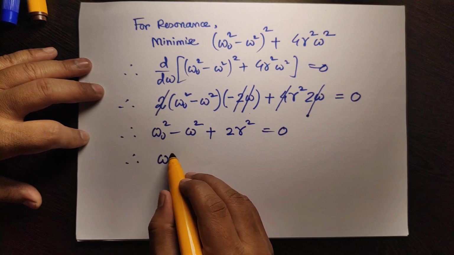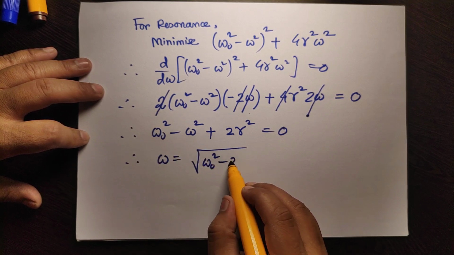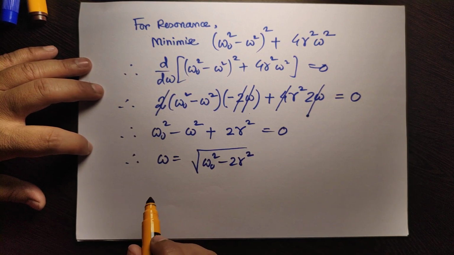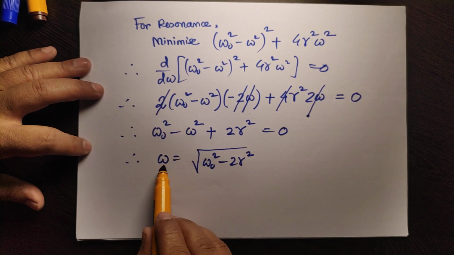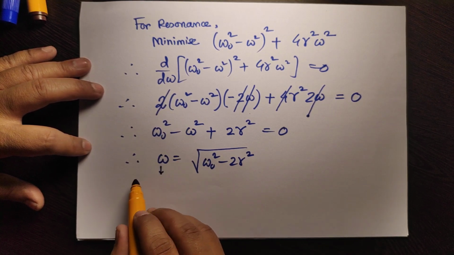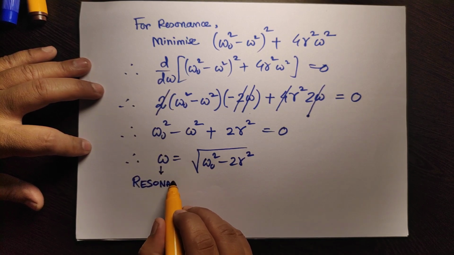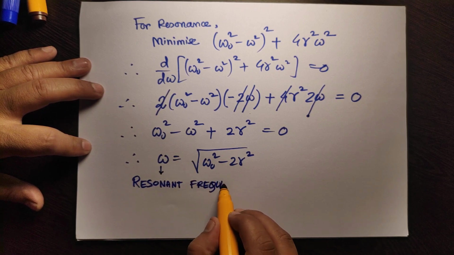Therefore, omega is root over of omega naught square minus 2 gamma square. That means in presence of damping, in forced oscillation, the resonant frequency, this is the resonant frequency, is lesser than the natural frequency of the system.